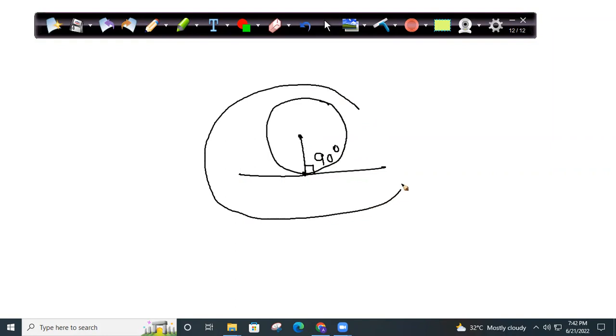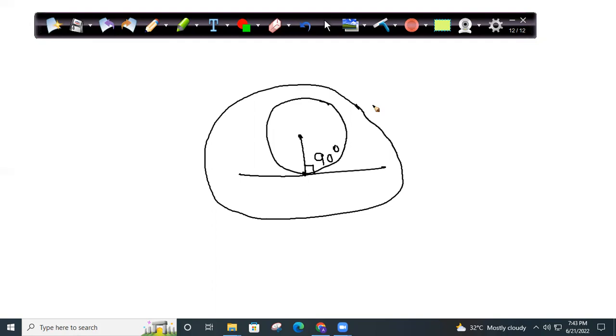Clear? With these concepts, there might be one or two minor concepts required, but these are the major concepts I want you to know in circles.